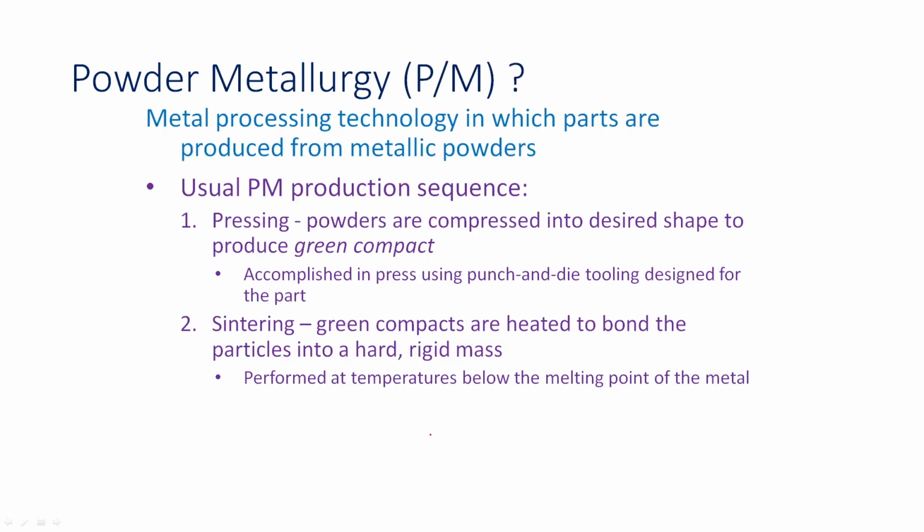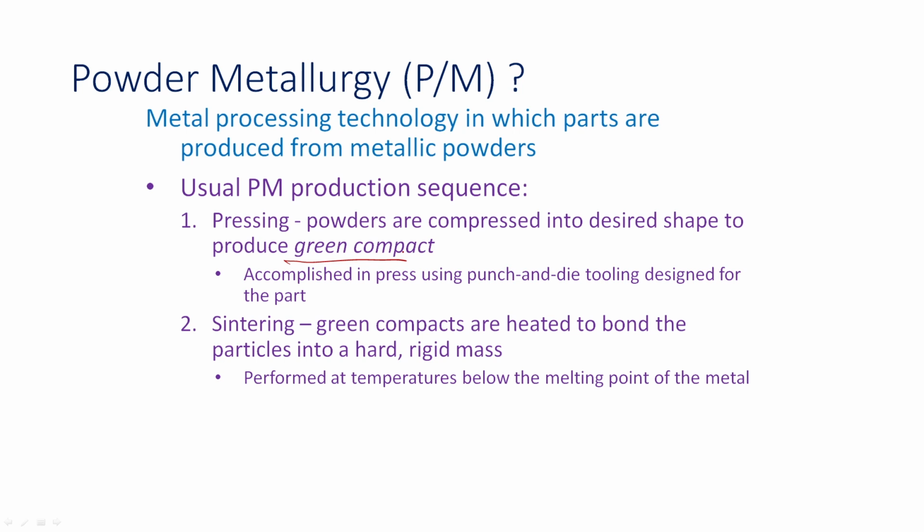So, what is powder metallurgy? Nothing but a metal processing technology in which parts are produced from metallic or ceramic powders. There are two important sequences. One is the pressing of powders. The powders are compressed into a desired shape to produce a green compact. Remember this word, green compact, because the bond between the powder particles is very weak, and this is accomplished in a press with punch and dies designed for the parts.